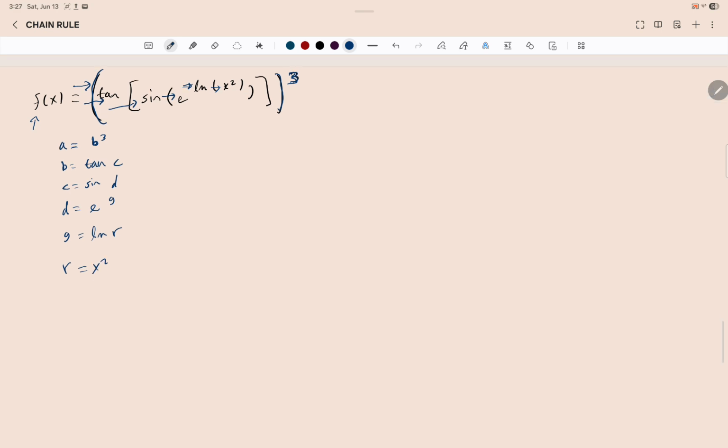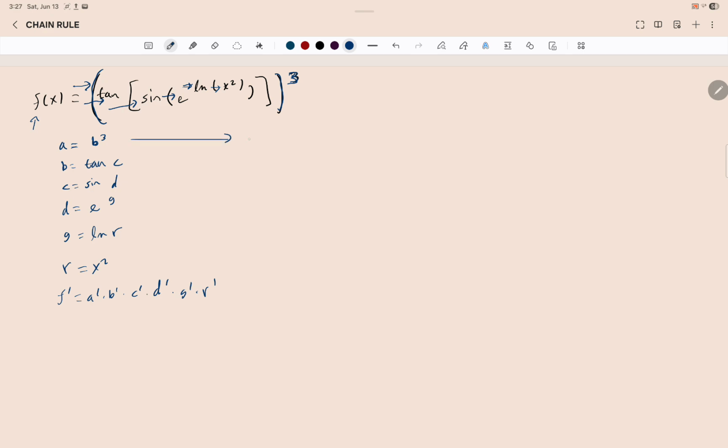Cool. And check this out, the derivative in this case is going to be a prime, b prime, c prime, d prime, g prime, and r prime. That's very long, but just because it's long doesn't mean that it's difficult.